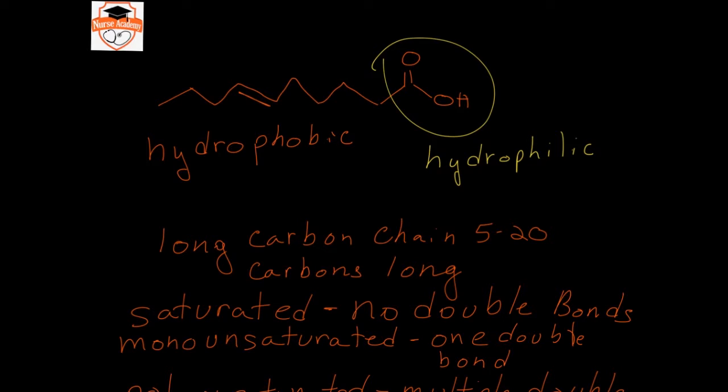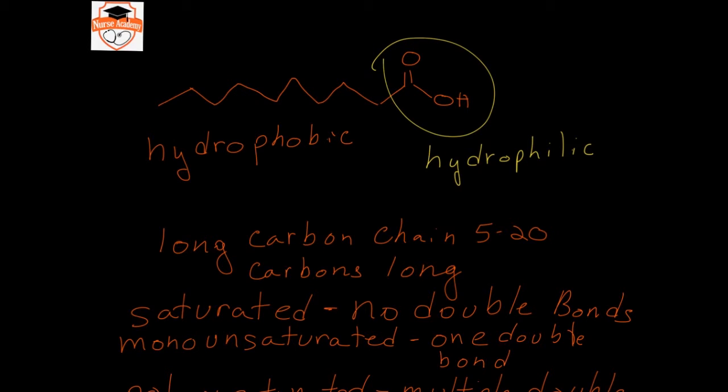Since the way these are used for energy is that they're converted to carbon dioxide and water, every place there's a double bond means the body can easily change this molecule right at that spot. It's much harder for the body to do that with saturated fatty acids. Consequently, monounsaturated and polyunsaturated fatty acids are healthier because they're easier for your body to break down.